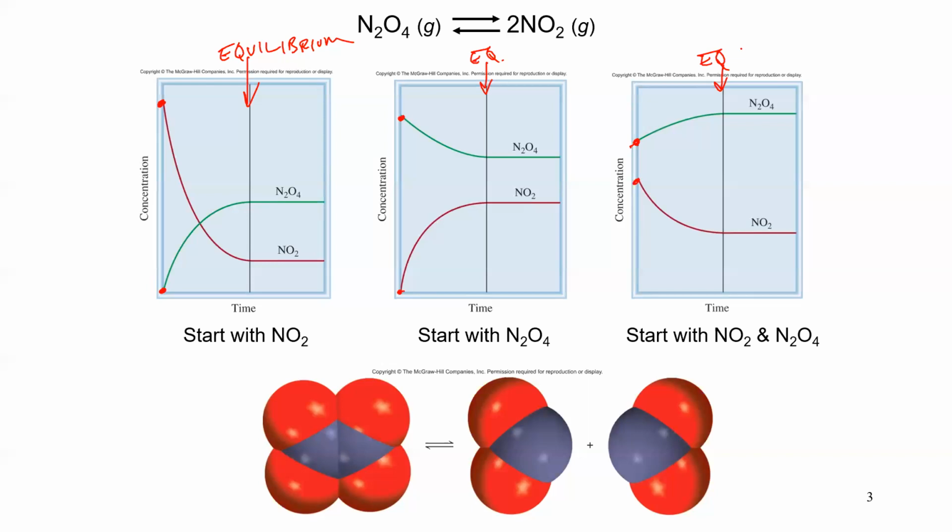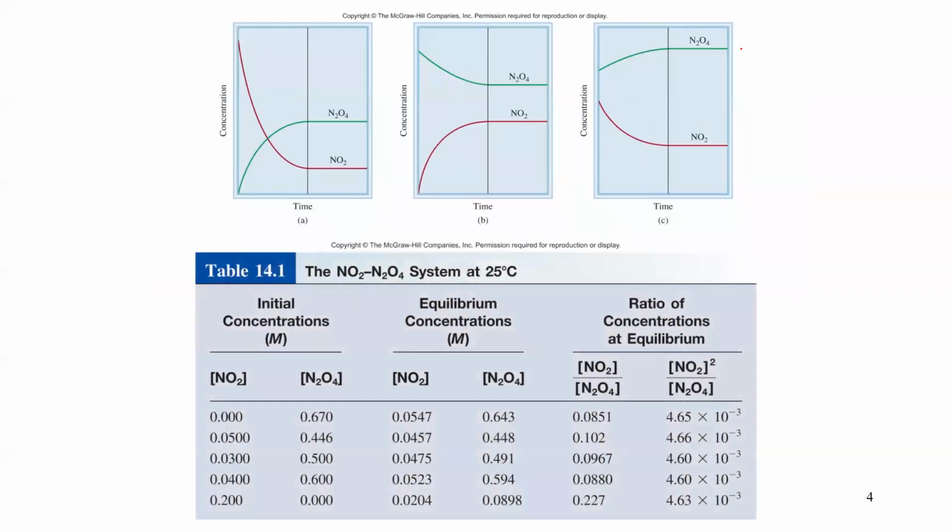All right. So that being said, we're going to take these graphs and try to interpret them a little bit. So we run lots of different experiments, right? Some scientist somewhere at some point ran a lot of these experiments, and he said, okay, I'm going to start with no NO2 and a little bit of N2O4. They reach an equilibrium, and let's try it again.